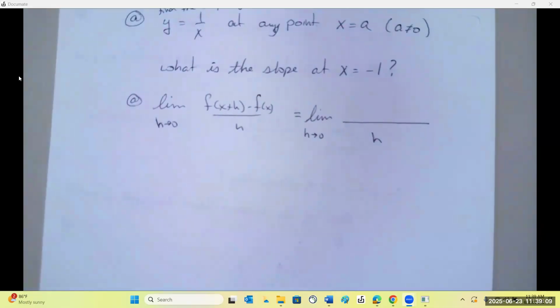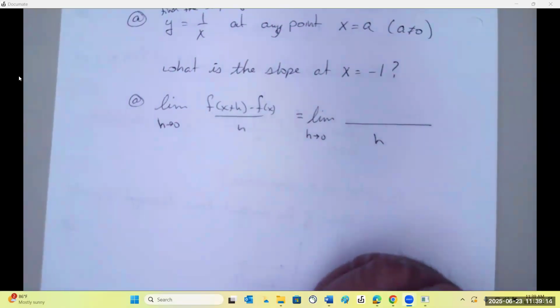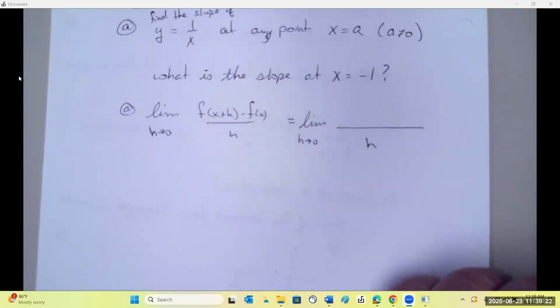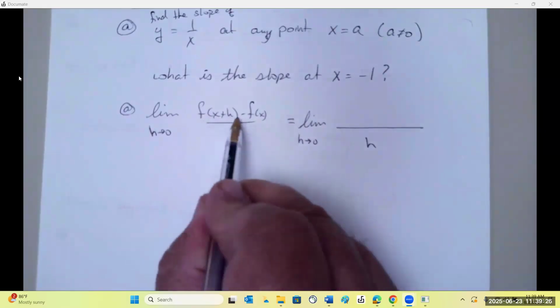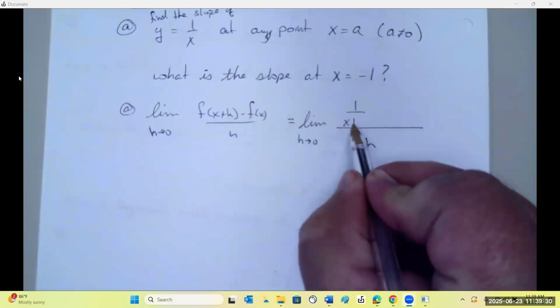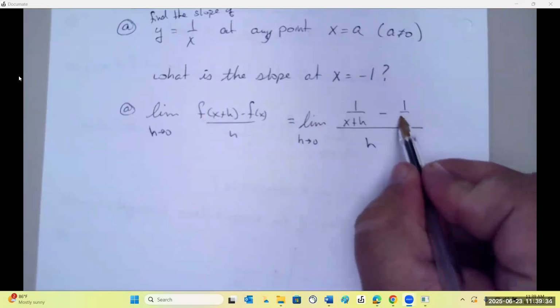What's f of x plus h going to be? What's our f of x? 1 over x. So the first part is 1 over x plus h, minus f of x.